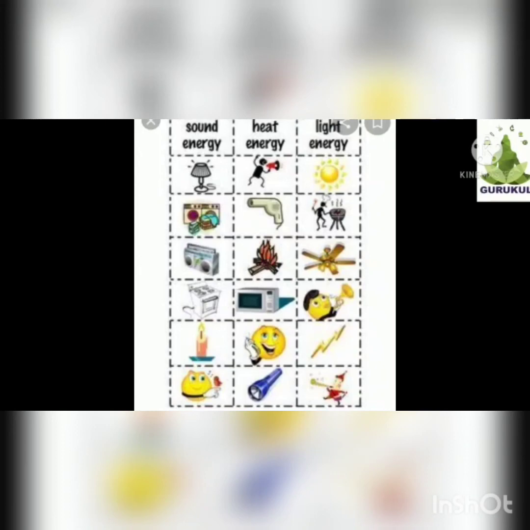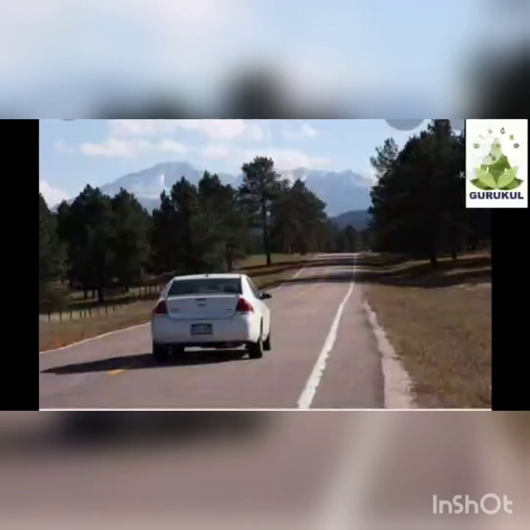So here, all of you understood the different forms of energy. From all these examples we say that energy is converted from one form to another form, but it cannot be created or destroyed.